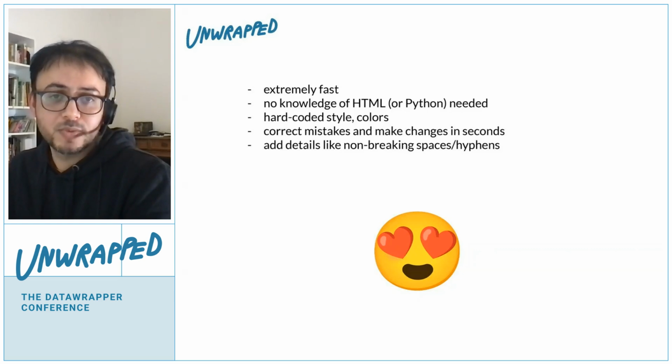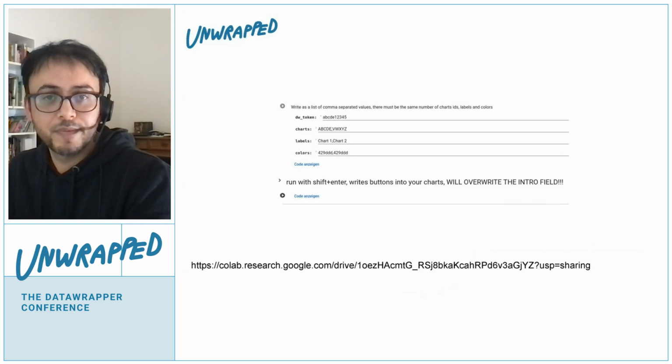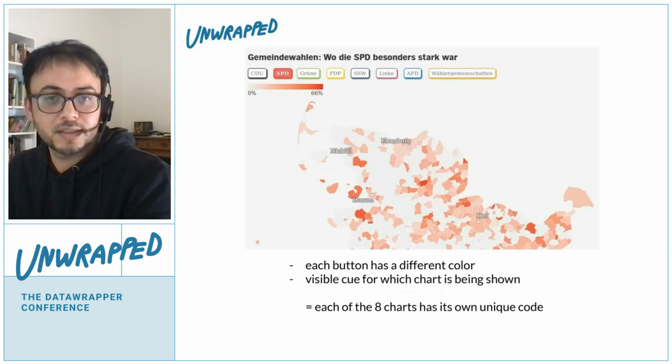What we have is hard-coded styles and colors. So if you look at this, you can actually see that there are a number of shades of each of these colors in use here.